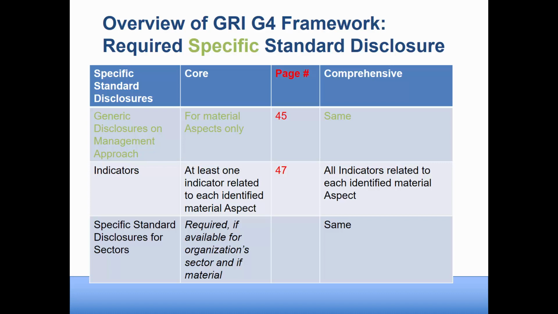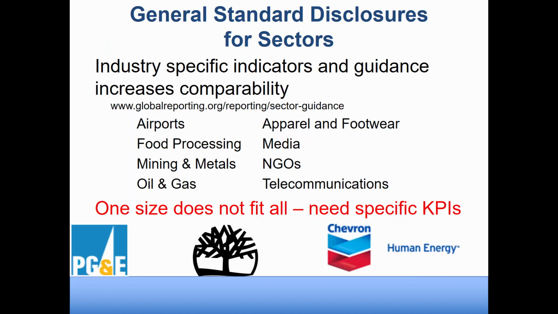So greenhouse gas emissions is going to be one of my material aspects, and then one of my indicators is probably going to be miles driven, because I'm a transportation company. But if I'm an oil extraction company, I'm not probably looking at miles driven, I'm looking at barrels of oil harvested, right? And then how am I going to measure it?